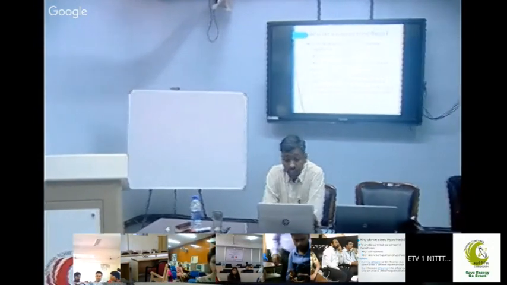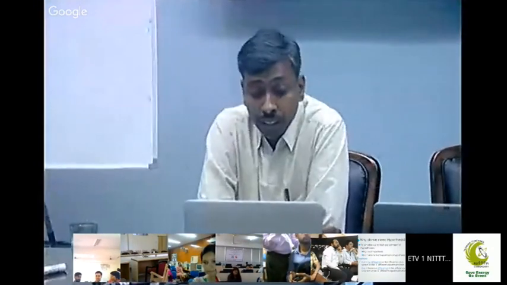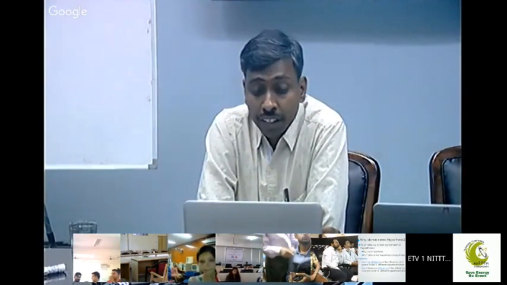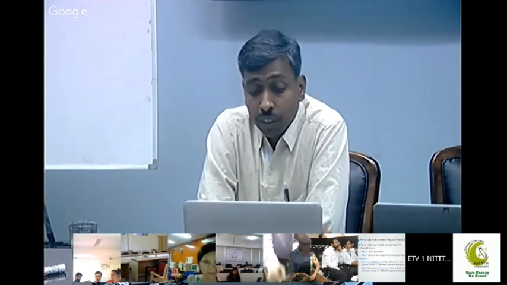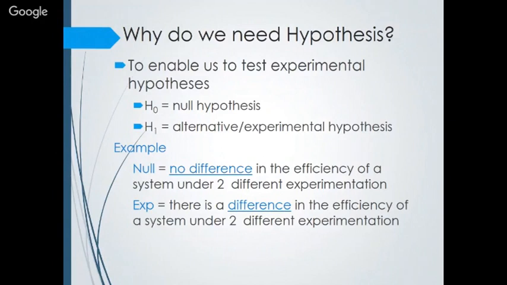In the alternative or experimental hypothesis, we assume the reverse: that there is a difference in the efficiency of a system under two different experimentations. These are examples of hypotheses. H0 is the null hypothesis, and H1 is the experimental hypothesis, the one we want to test.